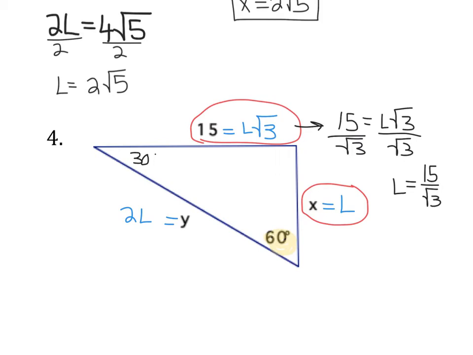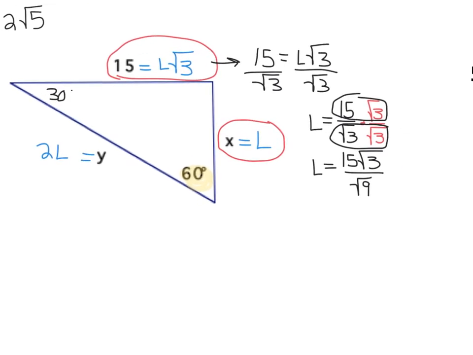We cannot have radicals in the denominator, so we have to rationalize. Because it's a square root of 3 on the bottom, we're going to multiply by square root of 3 over the square root of 3, because square root of 3 over square root of 3 is just 1. So now, on top, I multiply. 15 times the square root of 3 is just 15 times the square root of 3, divided by square root of 3 times square root of 3, which is square root of 9.